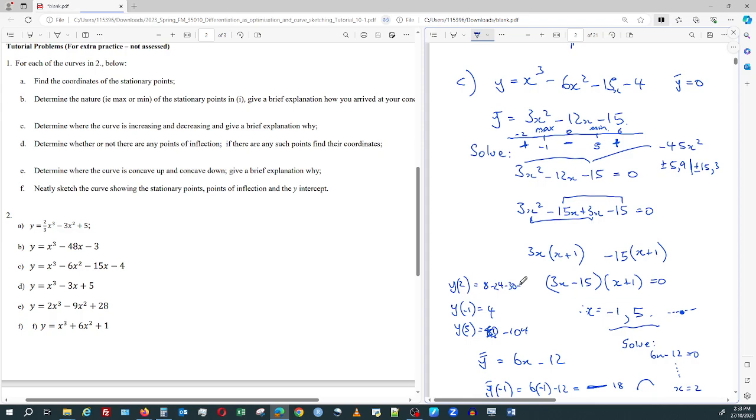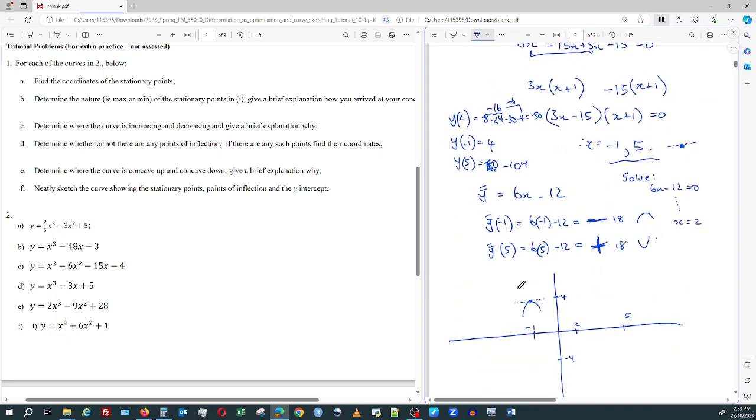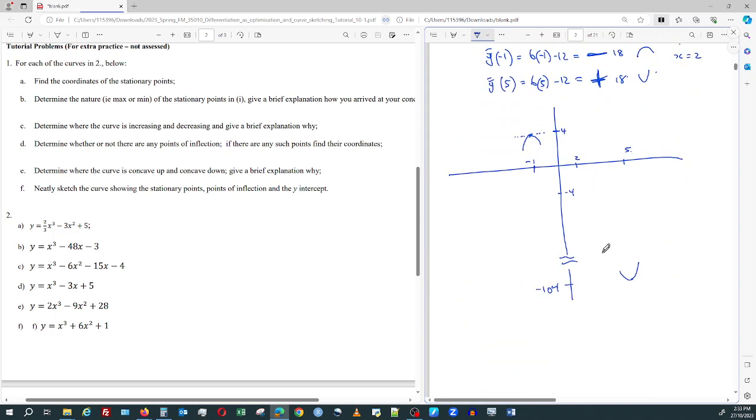Minus 30, minus 4. So we can bring the 8 off, 2 8s, so that's minus 16. That makes minus 20. And minus 30 is minus 50. It's still a long way down. At 2 it's minus 50. That's somewhere way, way, way down here.